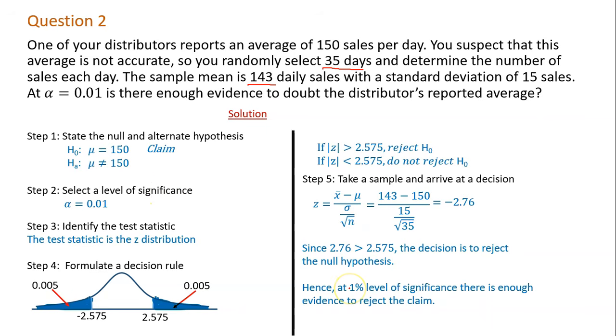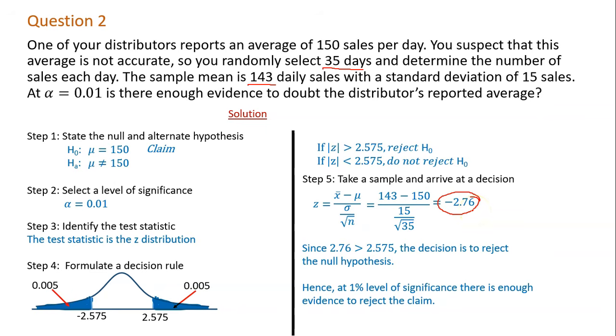Now, in case you are in the examination room and you forget the decision rule, let me help you with another way of making a decision. Even if you are not able to state the decision rule as I've stated here, you come to the computed value of z, the test statistic. It was negative 2.76.